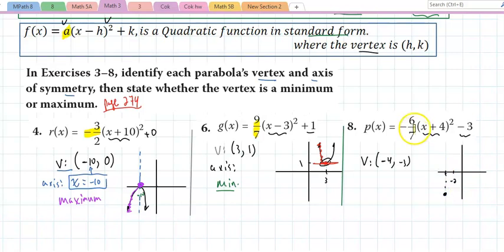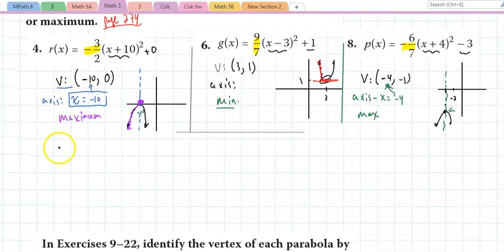And since this value is negative, this parabola opens down. Again, the axis of symmetry is really the line in which the right half and the left half of the graph are identical. The axis is x equals, again, it's always in the vertex, negative 4. And we know that this is a maximum.